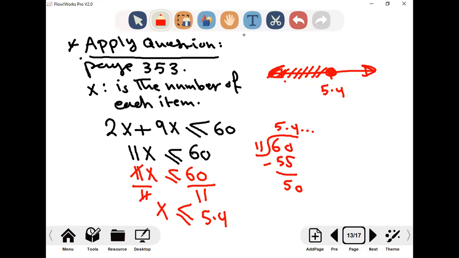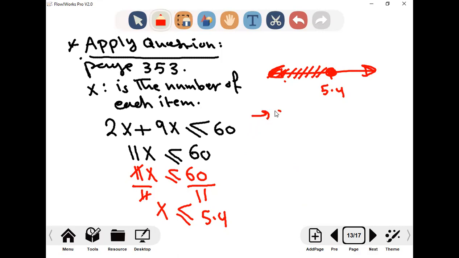The question said, after she buys the greatest number of these 2 items, how much money is left with her? $5. So the money left after she buys 5 of each item. Do you understand?